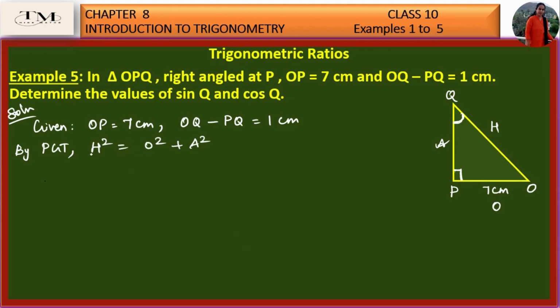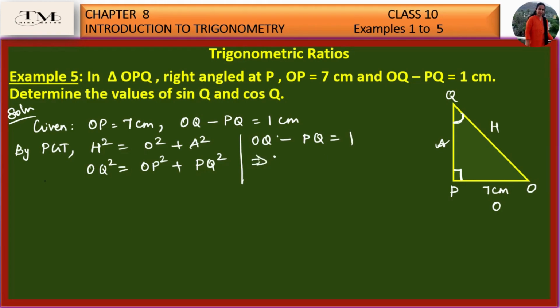So who is hypotenuse? It is OQ. So OQ square equal to opposite side OP square plus adjacent side PQ square. Now what is OQ? We have OQ minus PQ equal to 1.